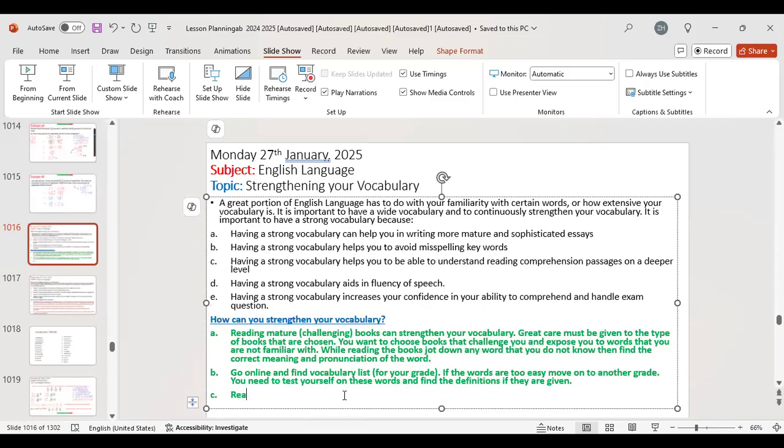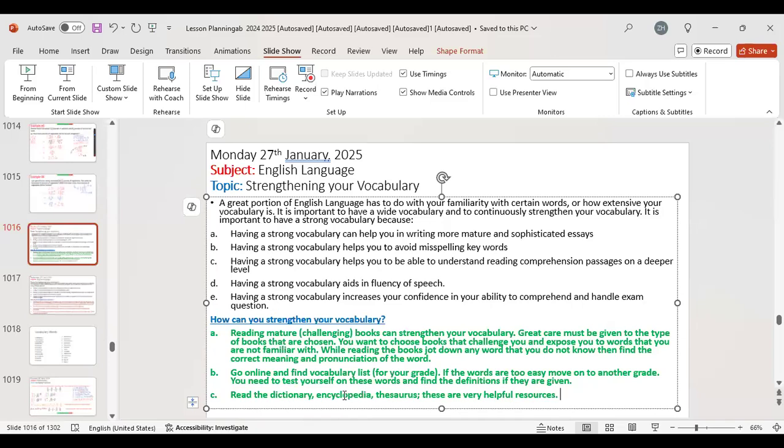You also want to casually read the dictionary, the encyclopedia, and the thesaurus as well. What's the difference between the thesaurus and a dictionary? A thesaurus gives synonyms for a word, while a dictionary says the meaning.